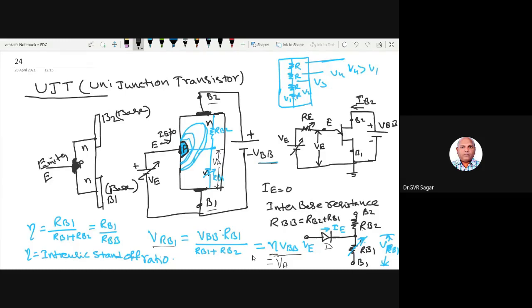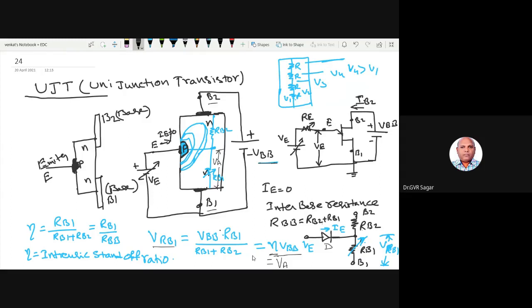VBB is a fixed voltage applied across base 2 and base 1. Because of this VBB voltage, there exists a VA voltage across RB1.